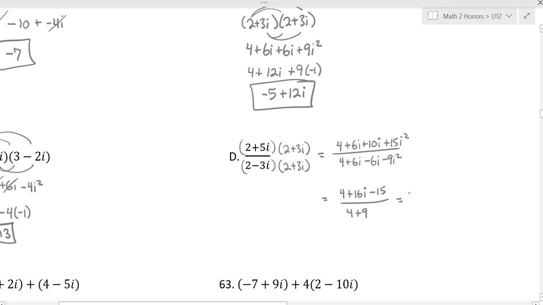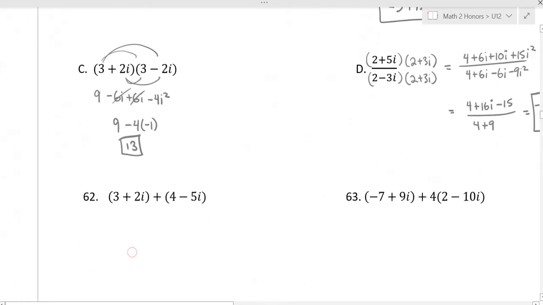Four minus 15 is negative 11, plus 16i, over 9 plus 4, which is 13, and it doesn't look like anything reduces there, so that's our answer. We've simplified it because there's no more square root, no more i in the denominator.